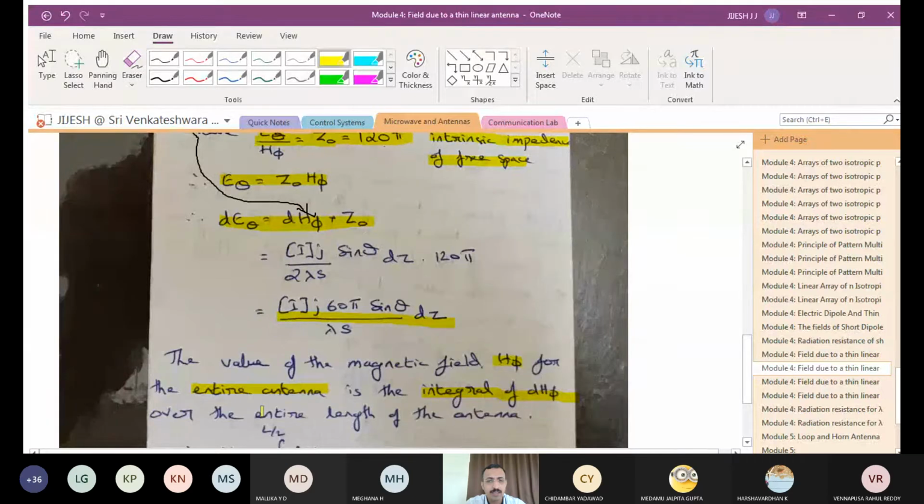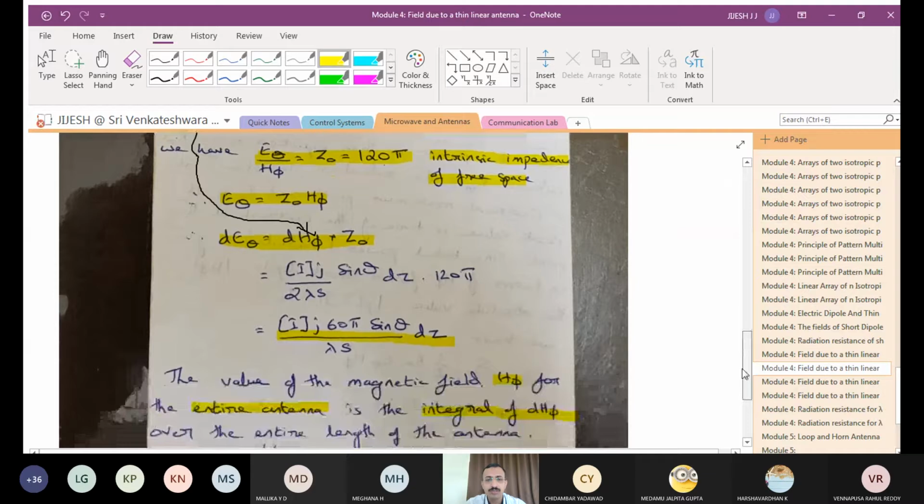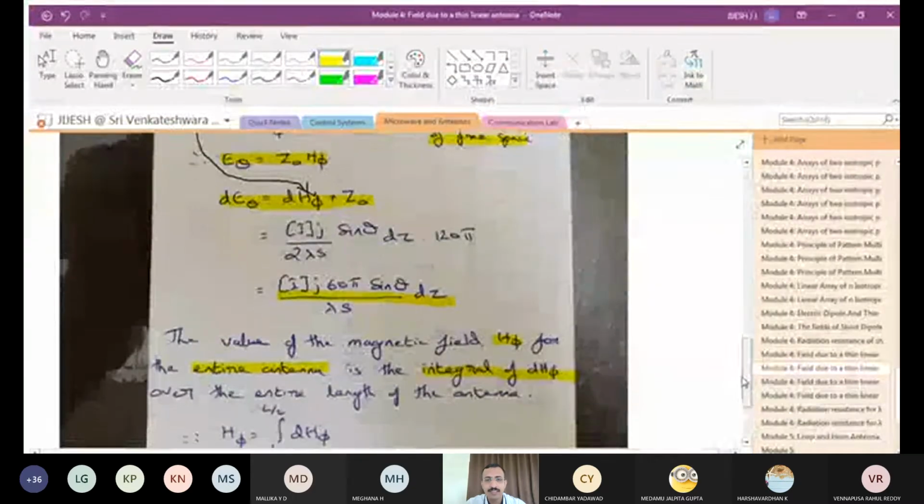Let us do that. dE theta we got as I j 60 pi sin theta by lambda s dz, and dH phi we got as I j sin theta by 2 lambda s dz. Keep a note of these two equations, and now we are going to integrate for the limits.